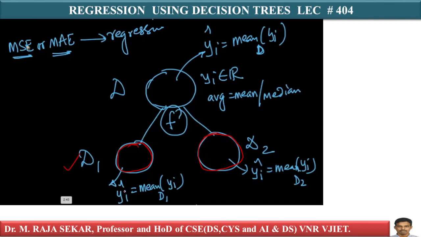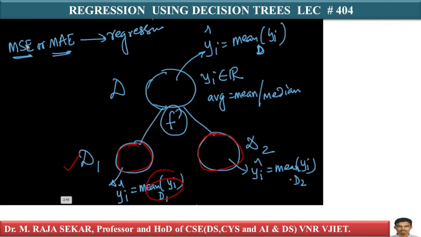In data set D1, what is my yi cap? It's the mean or median of the yi's in data set D1. In D2, my yi cap is the mean or median of yi in D2.